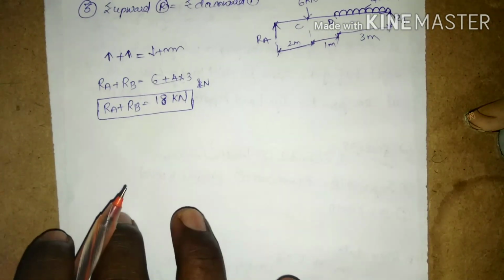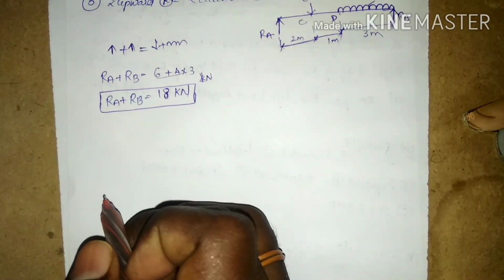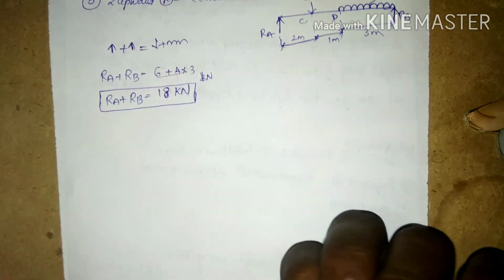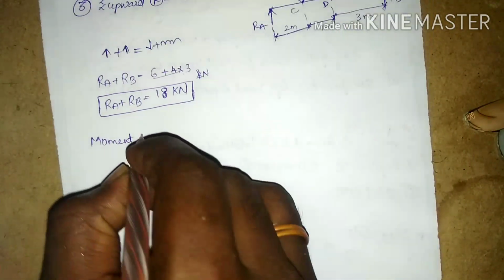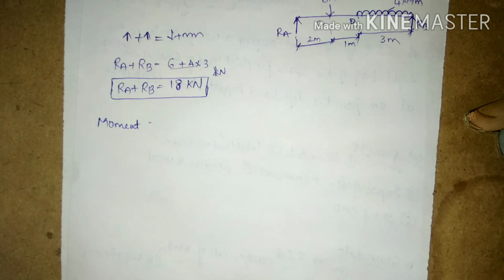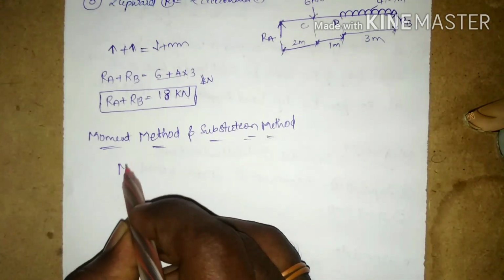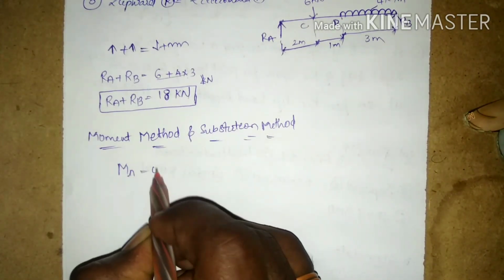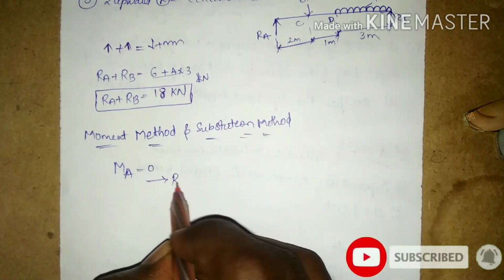We don't know the individual reactions of RA and RB. To find the individual reactions of RA and RB, we have the moment method and the substitution method. Here we have a twist: if I take the moments about A equal to 0, I am going to find the reaction RB.